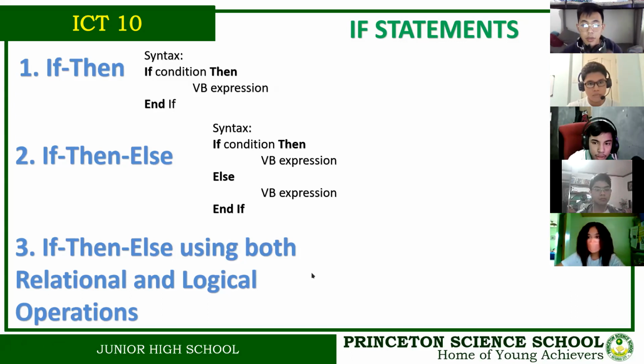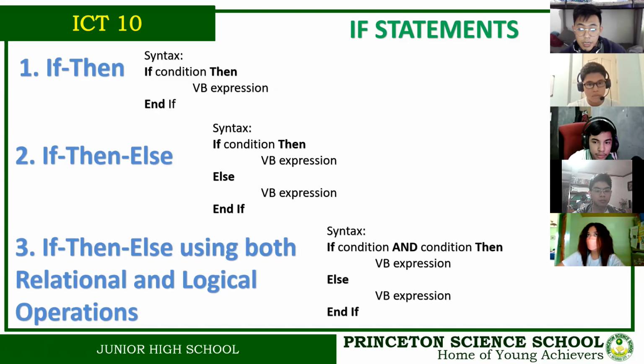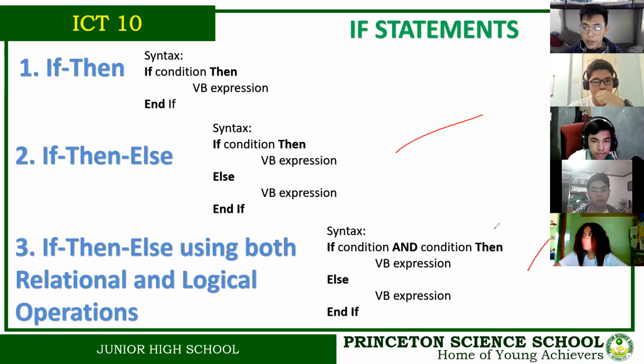Okay, so part of that is true. The only thing missing there is a logical expression. There is supposed to be two conditions. That is the difference between the if then else and the if then else using both relational and logical operators.